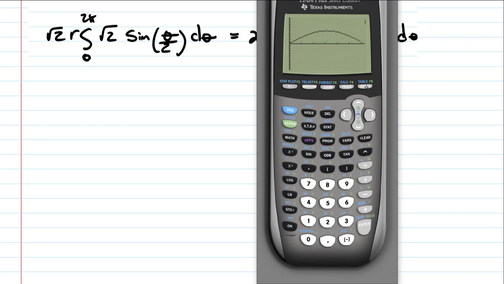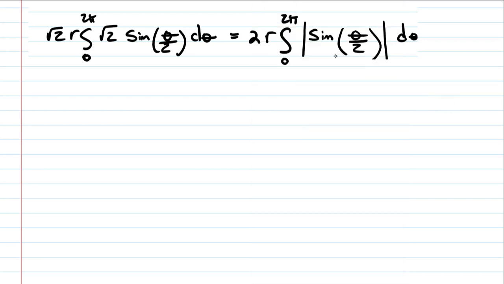So we get something that looks like this, and we see on 0 to 2 pi, it's always positive, so we don't have to worry about the absolute values and have it changing sign. If it would have intersected the x-axis and had negative area, we would have had to break it up into multiple different parts. But we want to take note that this is always greater than or equal to 0 on 0 to 2 pi.